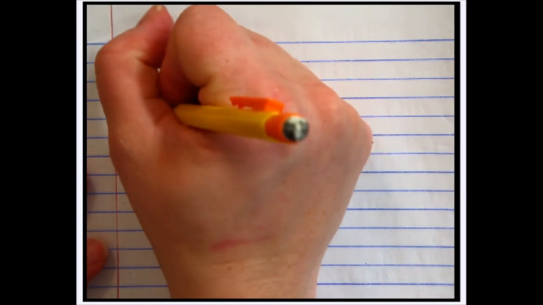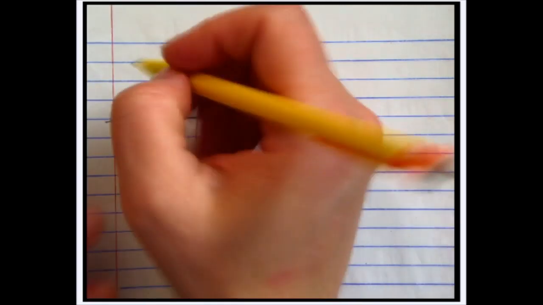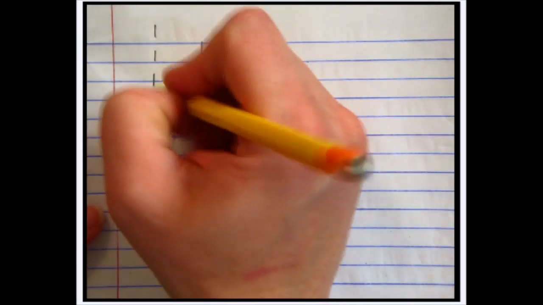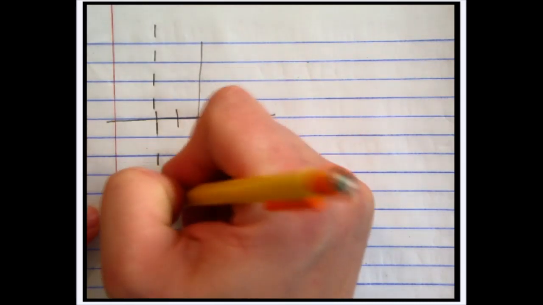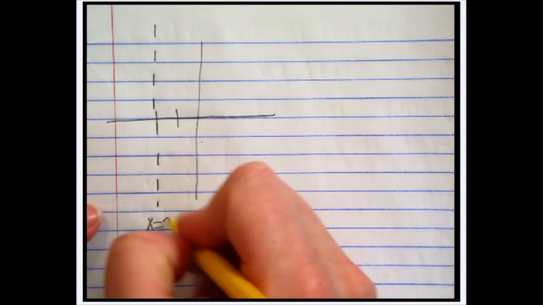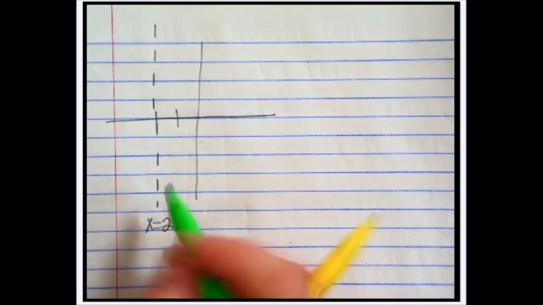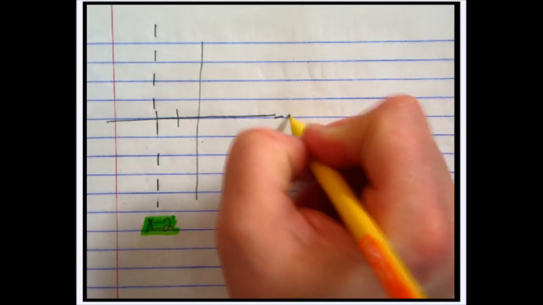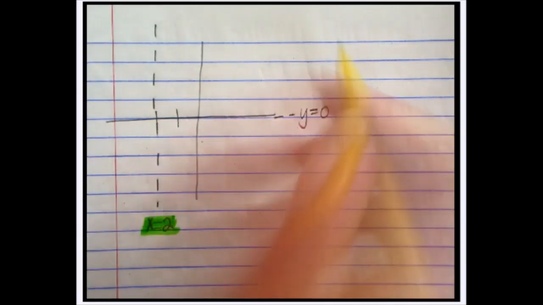Okay, so we found out that we had a vertical asymptote at x equals -2. Remember that is a dashed line, and we should label it. We also had a horizontal asymptote that was the x-axis. So we have y equals 0.